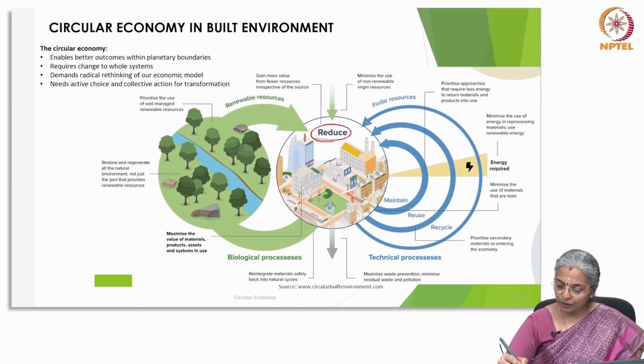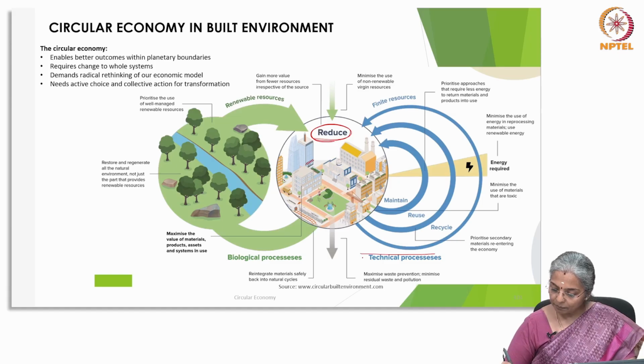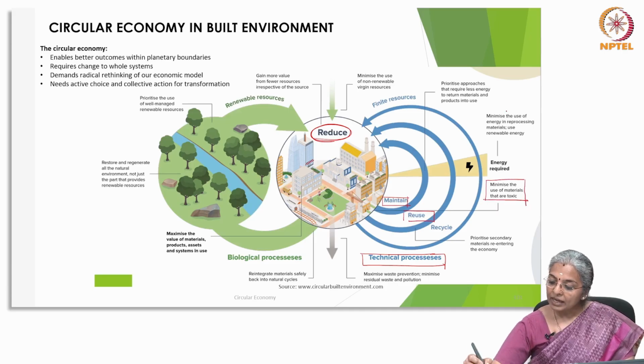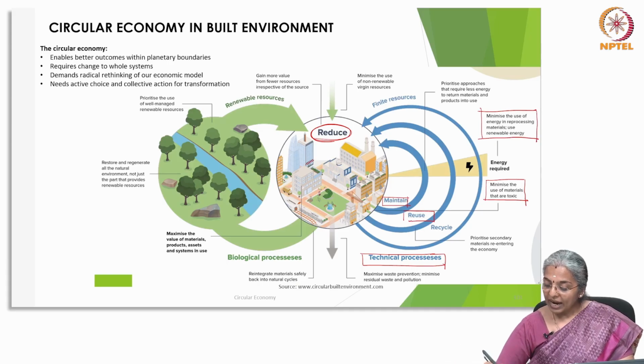So when you look at the technical cycle or technical process which involves use of finite sources such as building materials, what you should do is, when you use that finite resource, try to maintain, reuse, which means minimize the use of materials that are toxic, minimize the use of energy in processing the materials, and use renewable energy, and also try to recycle.